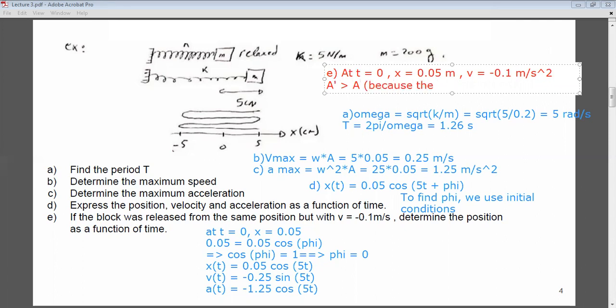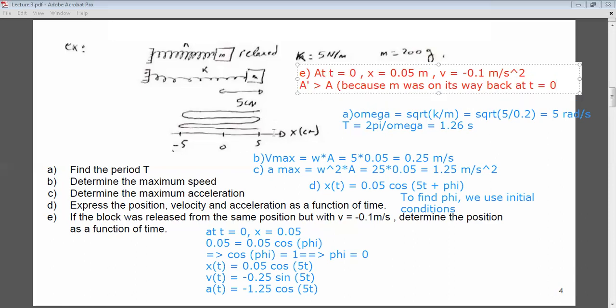Because the mass was on its way back at time equal to 0. It means it was at a position higher than 5. So the new amplitude is higher than 5.